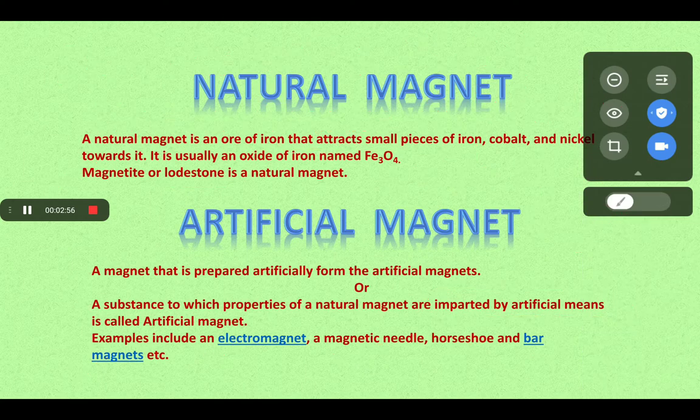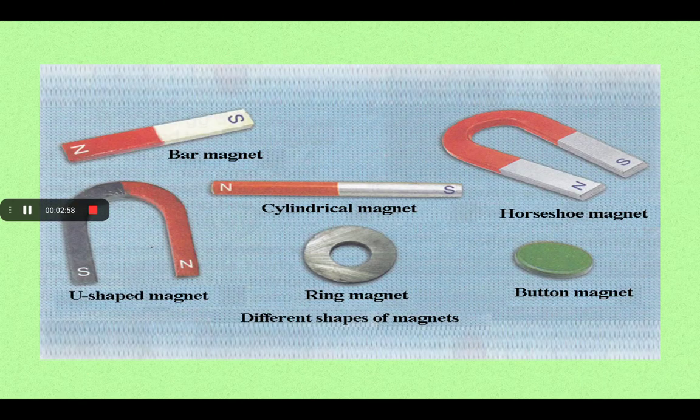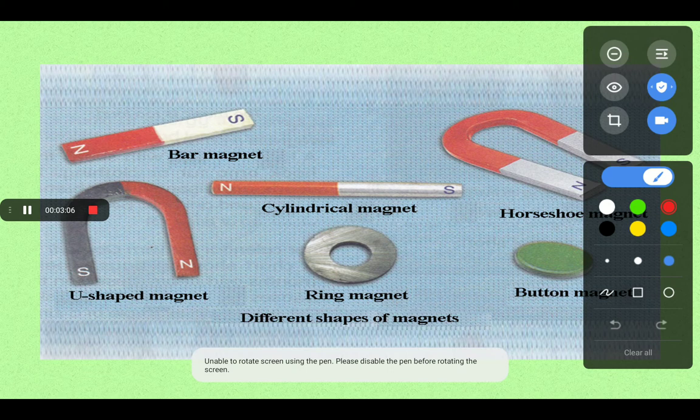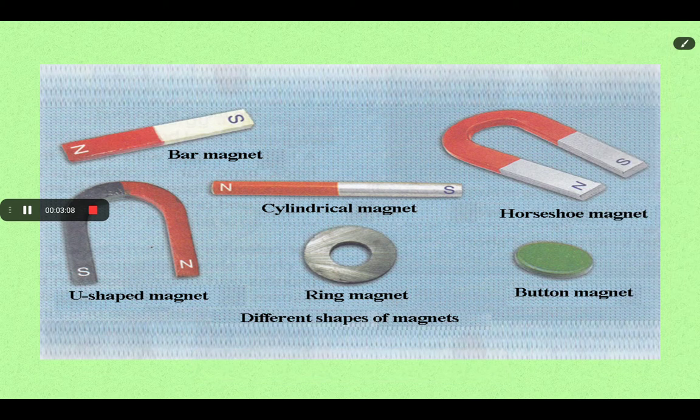Now, in the next slide, here are some different shape and size of the magnet. As you can see, here the first is the bar magnet and its shape is a rectangular shape and it has two poles, north pole and south pole. The second is cylindrical magnet.